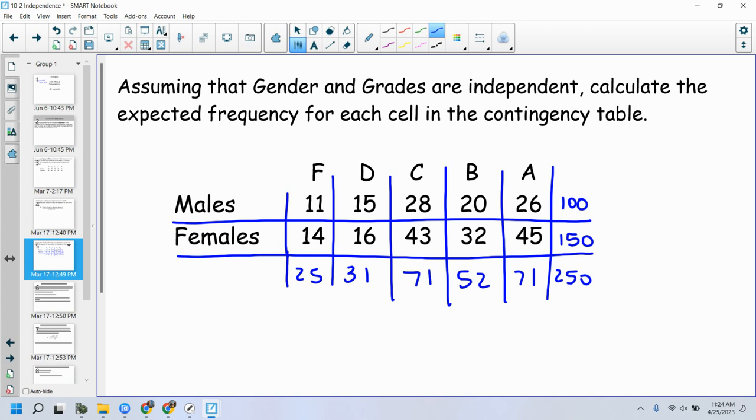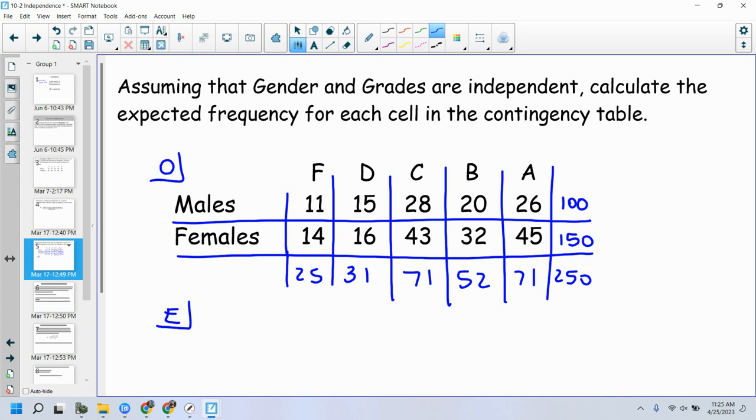So now that I have some totals, I can find the expected. Now, if this chart is going to give me the expected, what do you think the given chart was? These are all the observed. Say I took my frequencies of grades versus gender, and it broke it down.